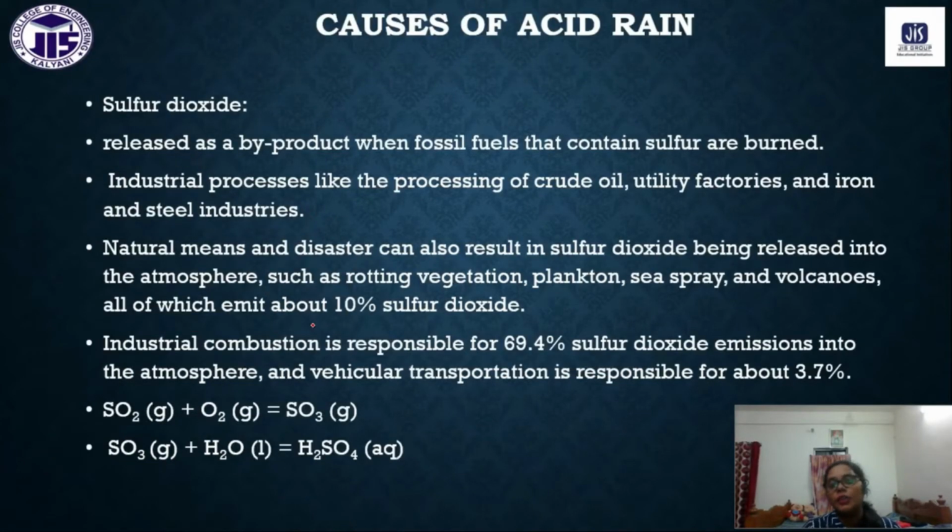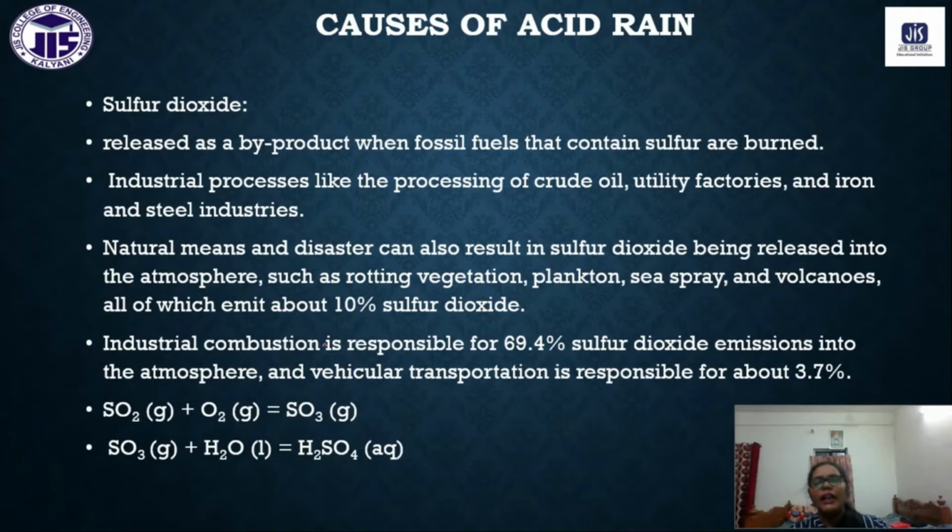Next, the causes of acid rain. Generally, in acid rain, sulfur dioxide and nitrogen dioxide will be the main contributors. They are contributing more towards acid rain.